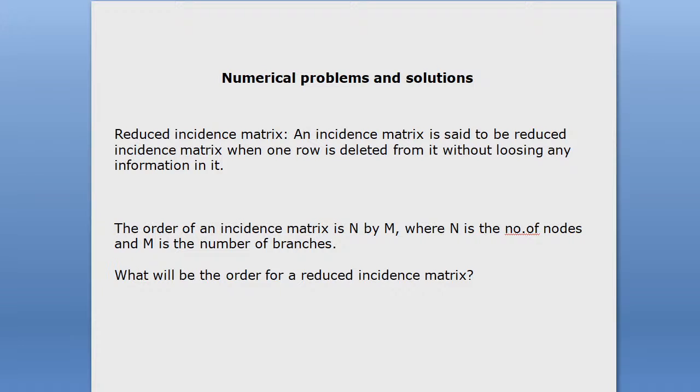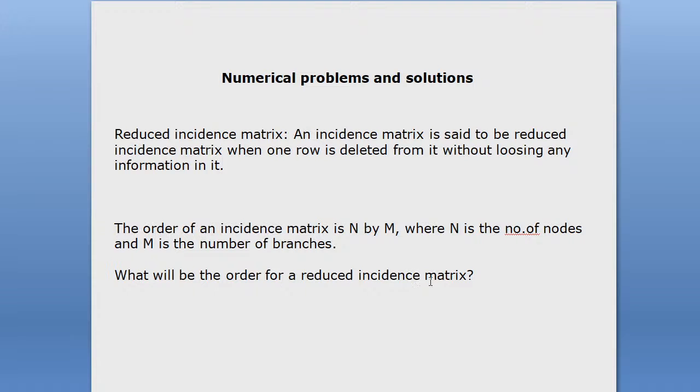The definition tells us that one row is deleted from the original matrix in order to get the reduced incident matrix. So if the original matrix order is capital N, then for the reduced case it will be capital N minus 1.